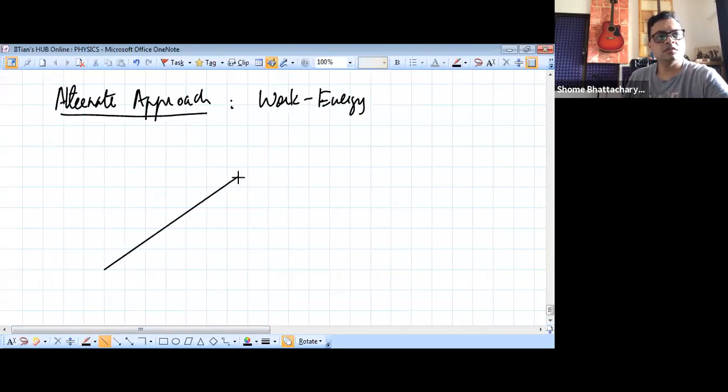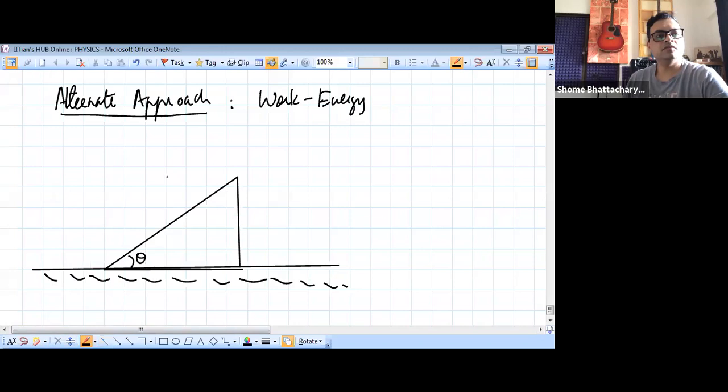So let us say at some point of time, a system has reached some kind of state where the sphere is here.